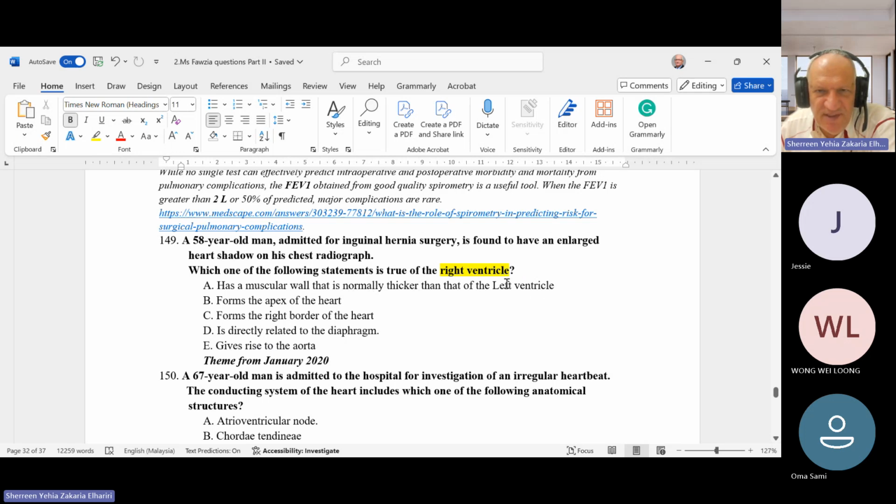Of course, the left is thicker. The wall of the left is 3 times the right one, so it is wrong. Form the apex of the heart? No, the apex of the heart is left. Form the right border of the heart? No. Directly related to the diaphragm? Yes. Give rise to the aorta? Of course, no. So the answer is directly related to the diaphragm.